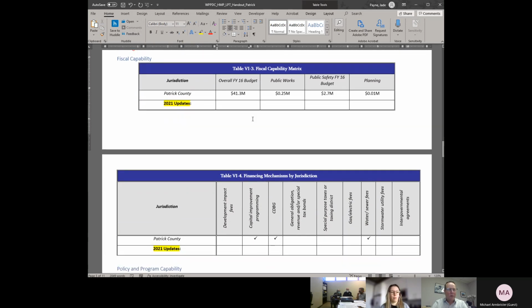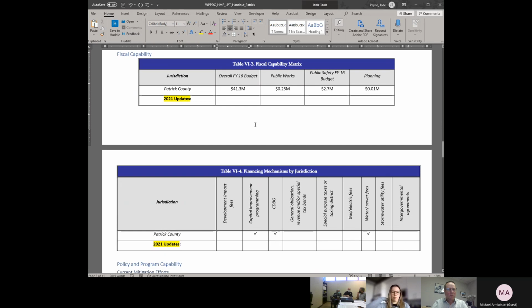Okay, so moving on to fiscal capability. I don't know if you guys have these numbers handy. We can always grab these from you later, but if you have any information on any significant budget changes that have happened since 2016, you can go ahead and include those. How much is your budget? 1.8.